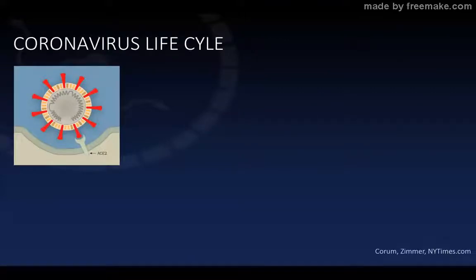Here is a quick look at the coronavirus life cycle in order to understand its imaging features. As many of us already know, the virus is named for the appearance of a crown because of the spike proteins on the surface. The proteins bind to the cell receptor, in this case identified as the angiotensin converting enzyme 2 receptor.